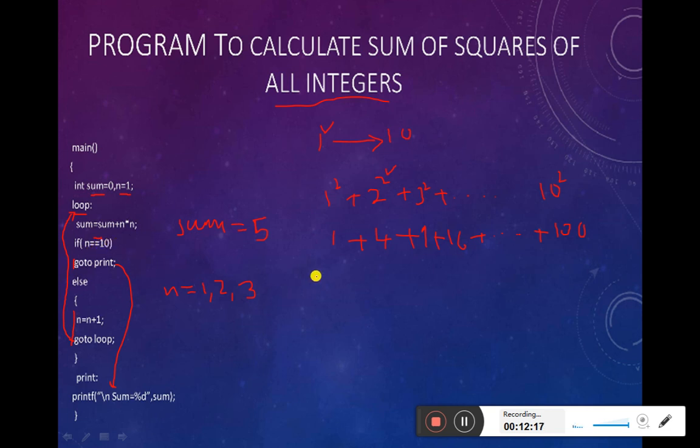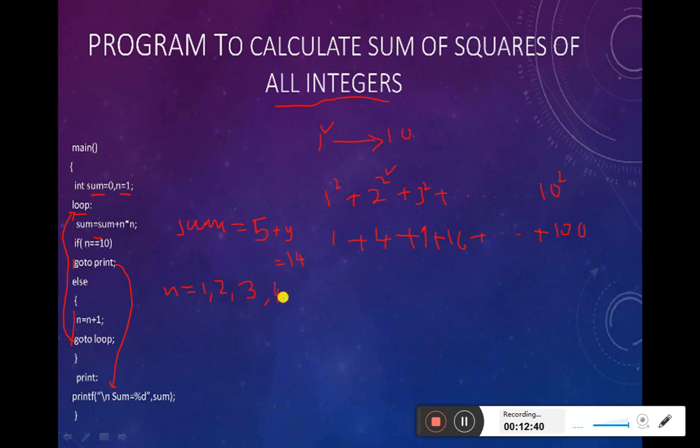So when n equals 3 we calculate the square of 3, that is n into n, 9, and we add 9 to sum, so plus 9 becomes 14. Now the current value of sum is 14. So likewise we increment n by 1, next n becomes 4.